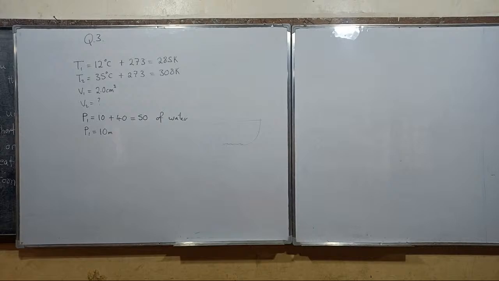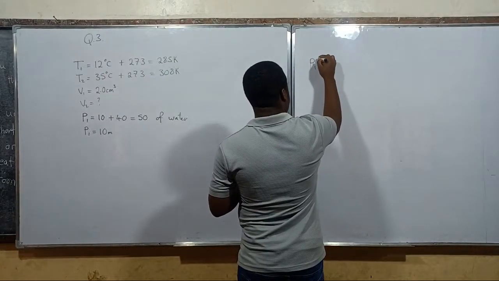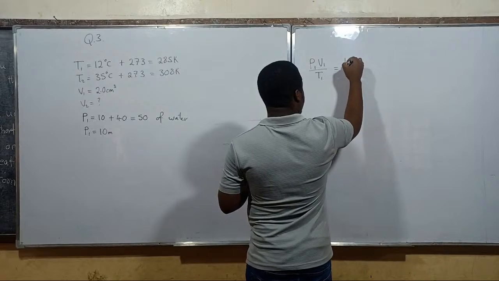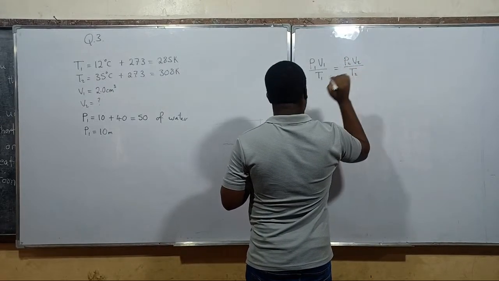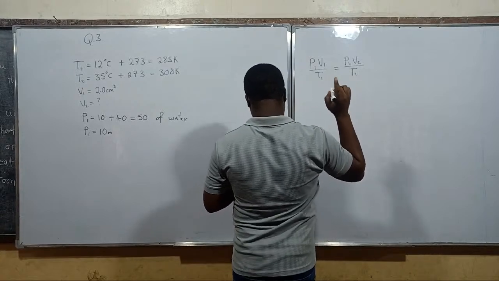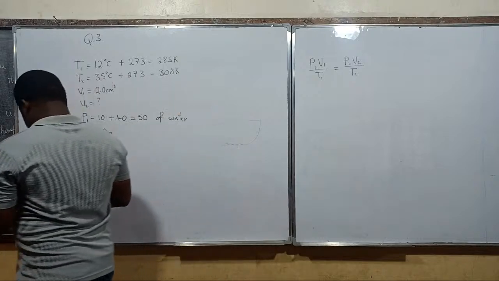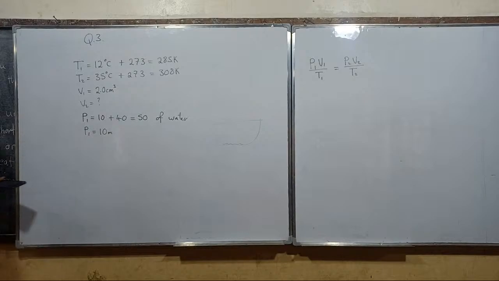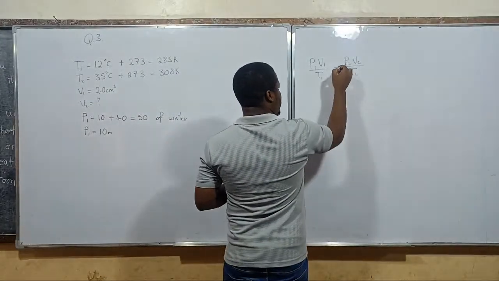So we're going to use the combined gas equation, which is pressure 1 times volume 1 divided by temperature 1 is equal to pressure 2 times volume 2 divided by temperature 2, like that. So we are looking for volume 2. We have volume 1 already. Okay. So let's make volume 2 the subject of the formula by cross multiplying.